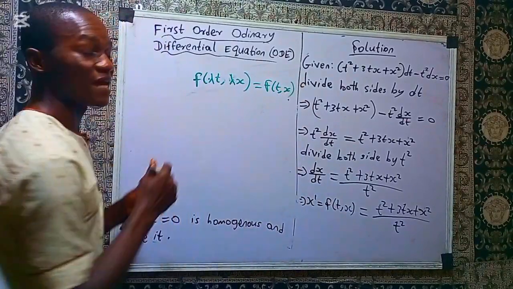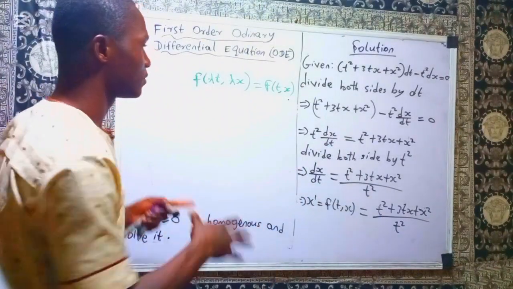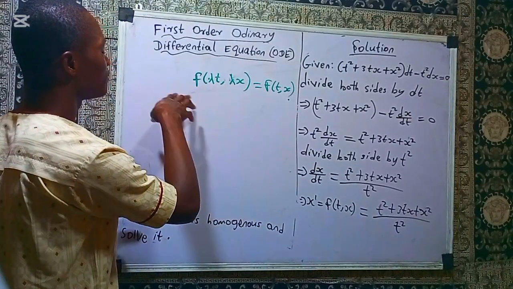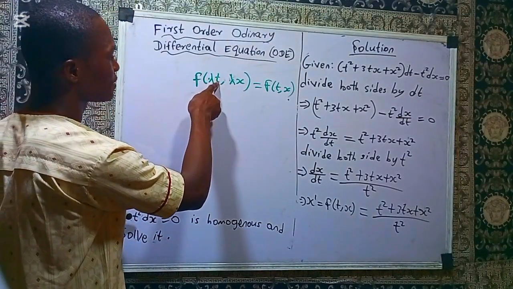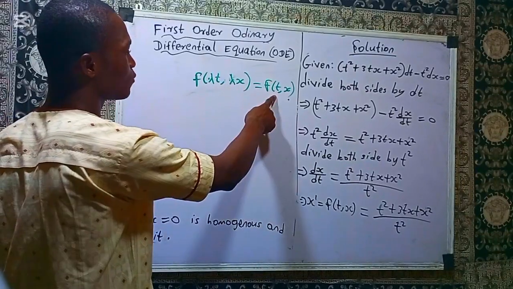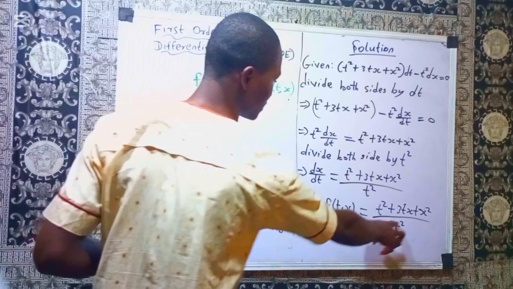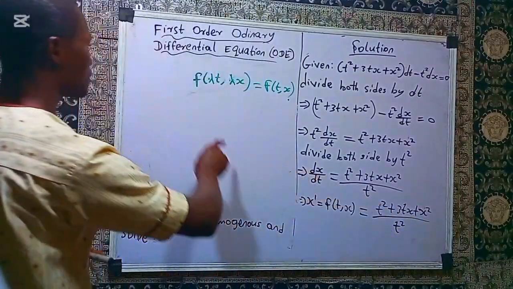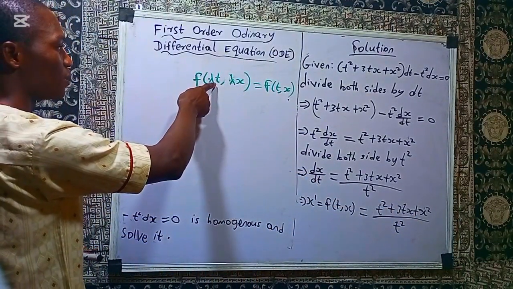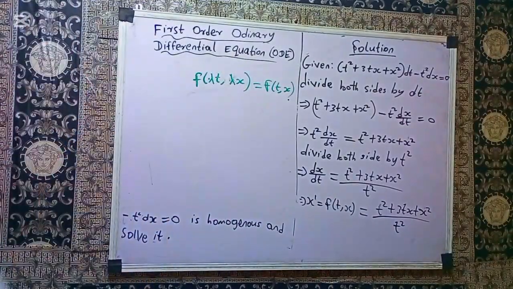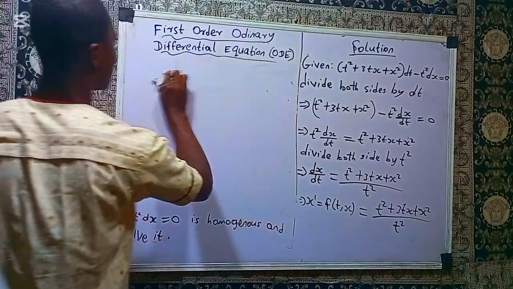So this is what I wrote earlier in my explanation. If f at lambda t comma lambda x is equal to f at t comma x, then it is homogeneous. This is our f at t comma x. So let's do f at lambda t comma lambda x.